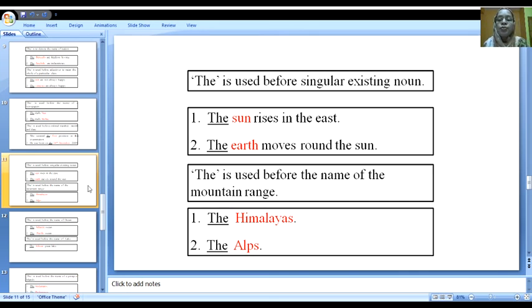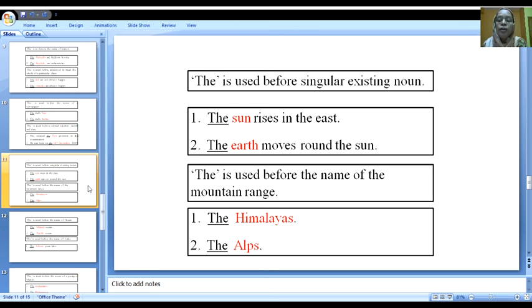Then come to the next rule. The is used before singular existing noun. Example, the sun rises in the east. The earth moves from the sun. Sun, earth. They are the only one existing in the world. So you have to use definite article before them.